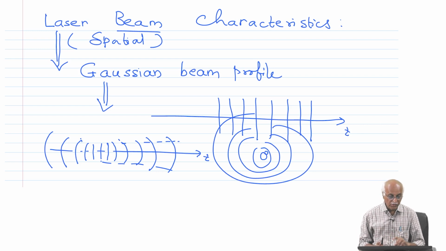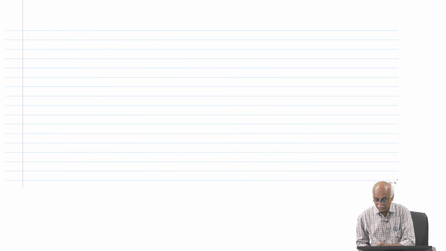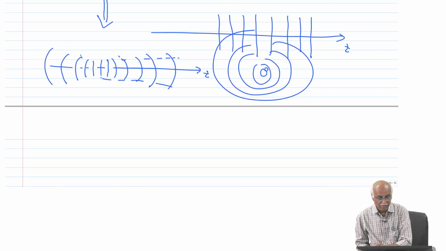If we take the cross section of this laser, let us say we cut the laser beam, this is z, and we see the xy plane, what is the energy intensity distribution we will see?